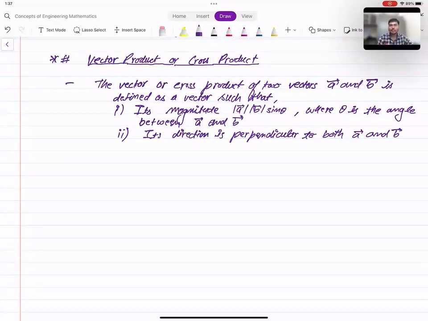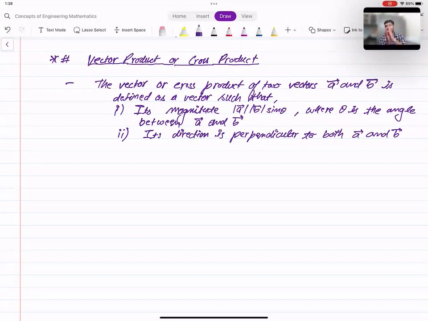Similarly, there is the right hand screw rule. So if we place the tip of a right-handed screw at the joining point of the two vectors and curl it from the first vector to the second one, it will give us the direction. So suppose this was vector A and this is vector B, and we have to find the cross of these two.